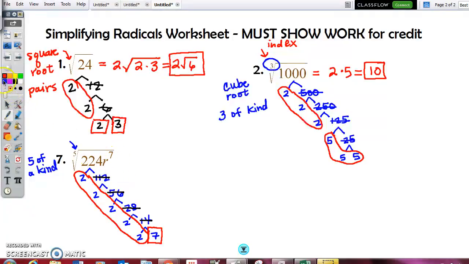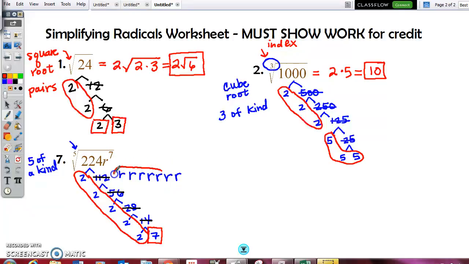I didn't deal with this R. We need to deal with that. And lots of my students like this if you just write out that there are 7 R's. 1, 2, 3, 4, 5, 6, 7. And again, we are looking for 5 of a kind. Why, yes, there are 5. 1, 2, 3, 4, 5.